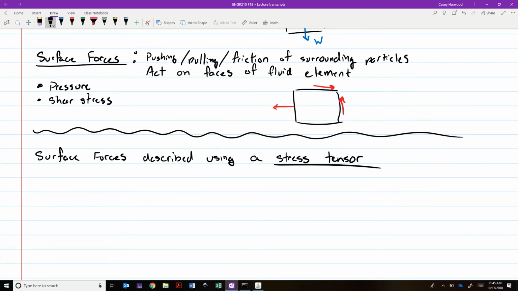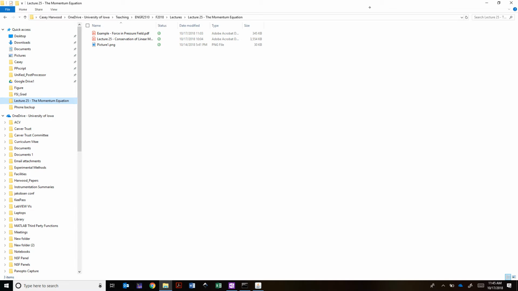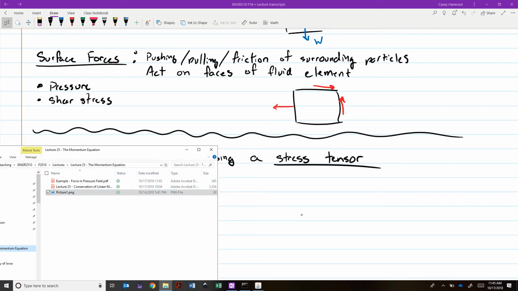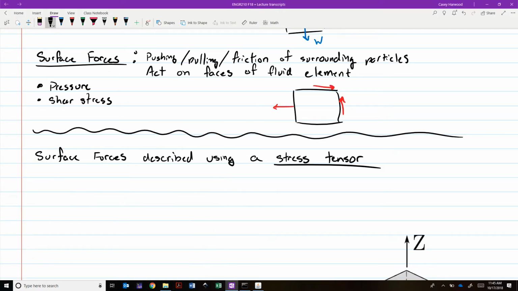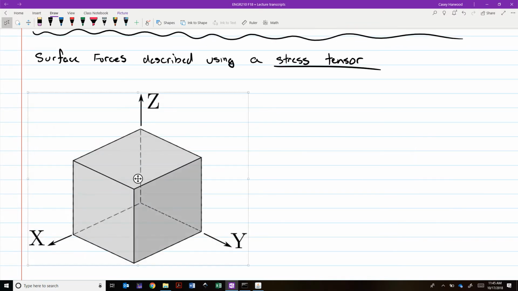So I'm going to have to, oh, 1 second, I need to find my picture that I drew. So we're going to consider a cube of fluid. In other words, this is some cubical element of fluid. The gray, of course, signifies the fluid itself. And the back corner here is located at the origin.